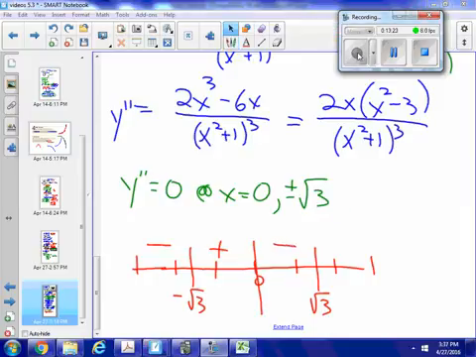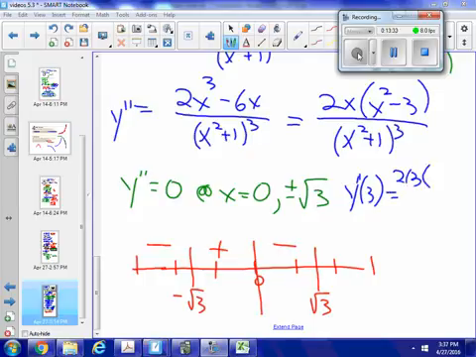And finally, let's test something in the last interval. Let's test +3. So y double prime of +3. Well, it's going to be 2 times 3 times (3 squared minus 3). This is going to be a positive. We know my denominator is going to be a positive. So this last interval here is going to be positive.